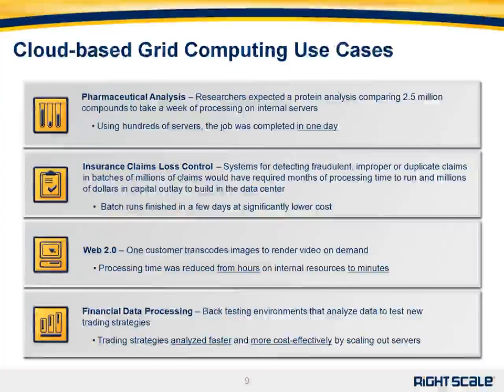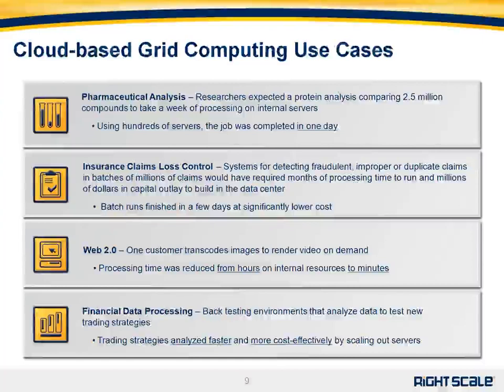We also find financial services companies who have to do data processing, where the back testing of the environments, they need additional compute capacity from time to time to analyze data to trading strategies. And what they find is that they can do this faster and more cost effectively by scaling out servers.